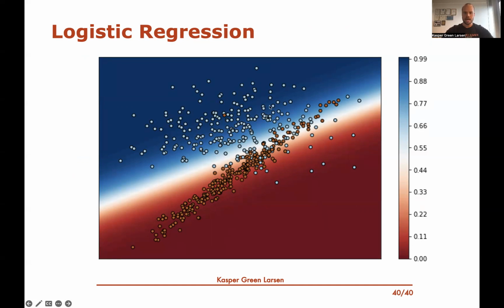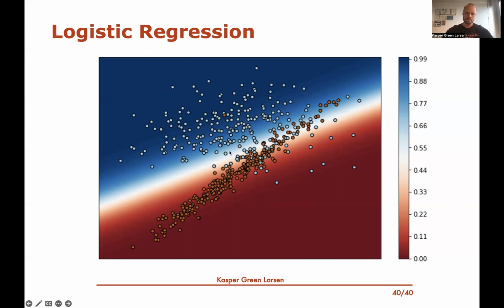If you ask for a given point what its label is, it's going to output a number between 0 and 1. 1 means I'm very certain that the label is 1, and 0 means I'm very certain that the label is -1. The coloring means that the further you move from the hyperplane toward the top, the more certain you are that the class is blue, the class 1. Below it, you're more certain that the class is red, the -1 class.